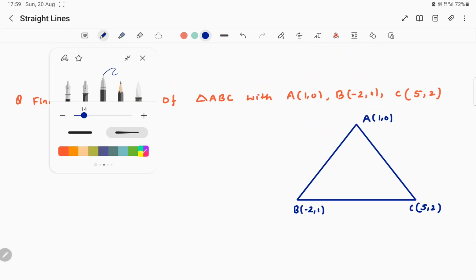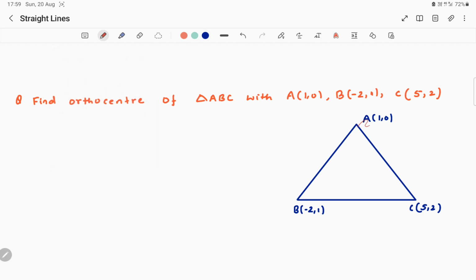I'm sure you must be knowing. The orthocenter is the point of intersection of altitudes. I have drawn an altitude, let's call it AD, and let's draw another altitude, BE, and the point of intersection of the altitudes is called the orthocenter.